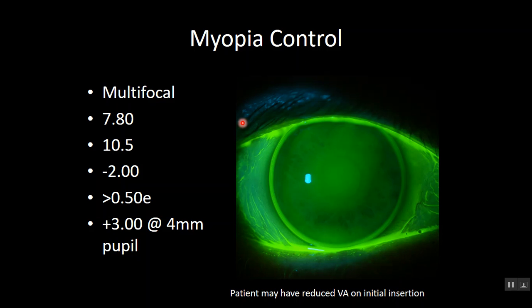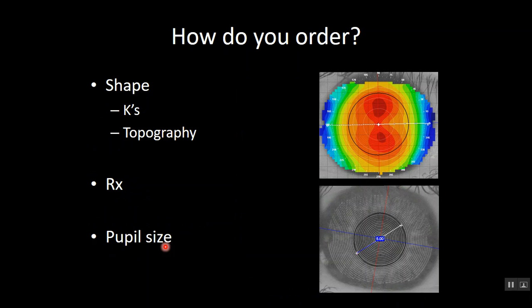As an example, this might be a typical fit where we have our Apex multifocal lens, base curve 7.80, large diameter 10.5, minus power with the appropriate e value and the add power at the pupil size. What add at the pupil will give this patient the myopia controlling powers that we need?